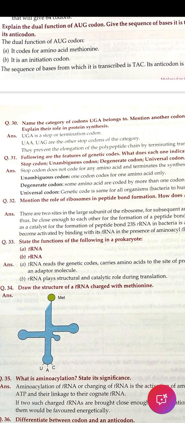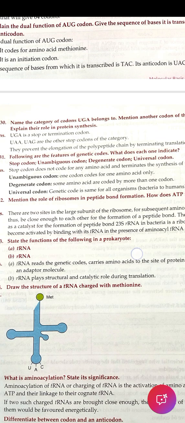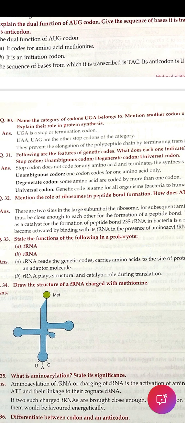Now, next question number 31. Following are features of genetic codes. What does each one indicate? A stop codon, unambiguous codon, degenerate codon, universal codon.